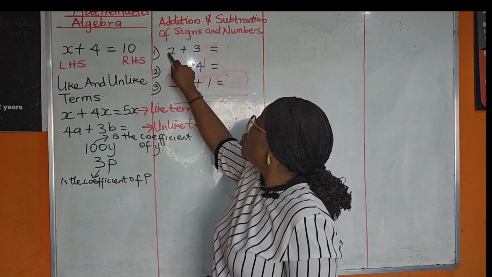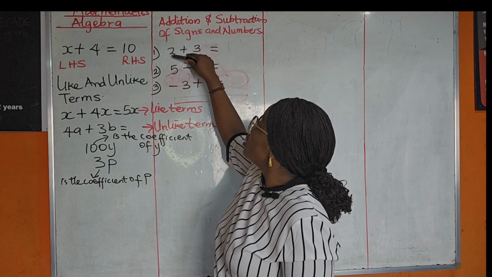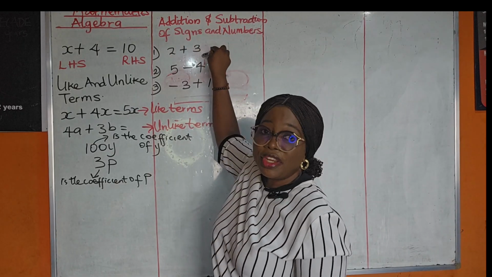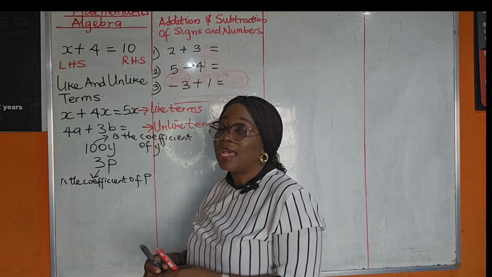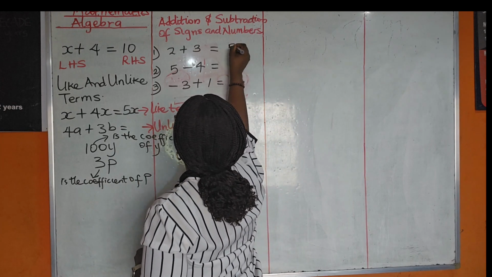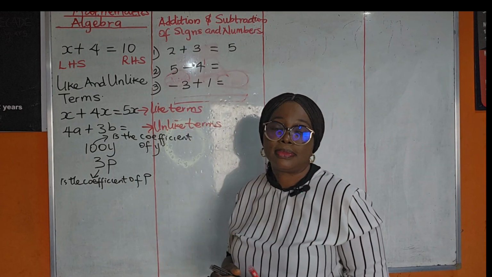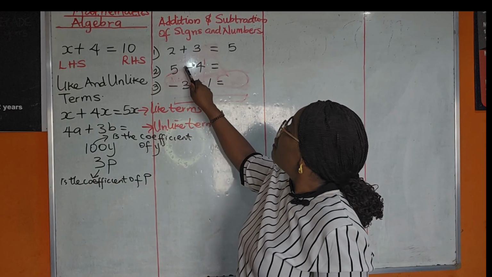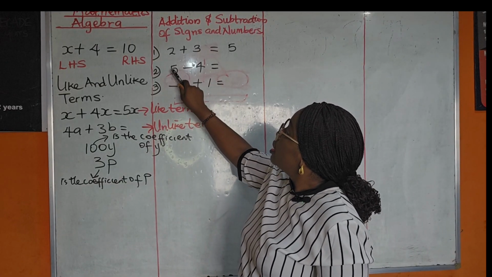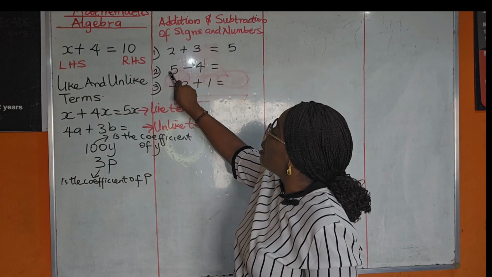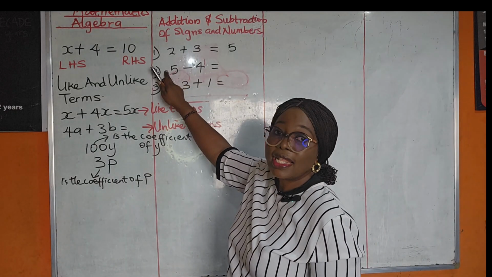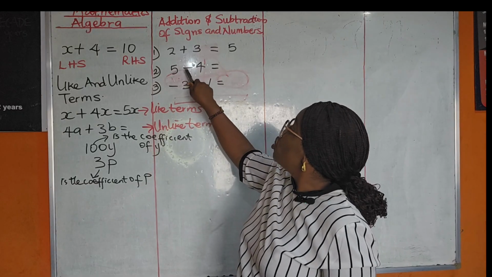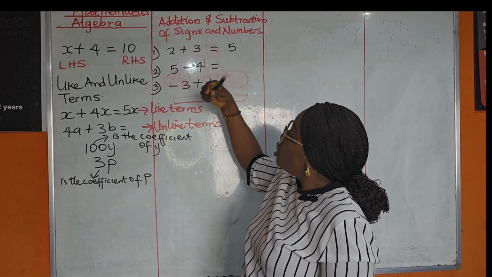So 2 plus 3 shows that I have 2 naira and I also have 3 naira. Adding them together gives us 5. So for 5 minus 4, we have 5 naira because there's an invisible plus sign here, and you are going to minus 4.